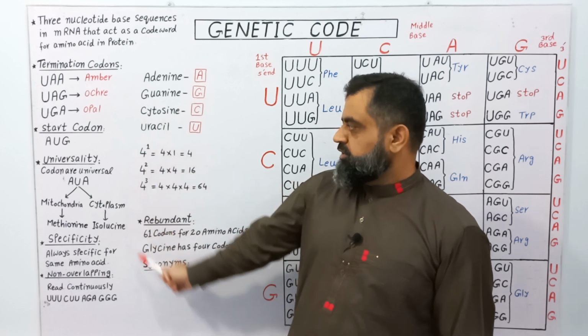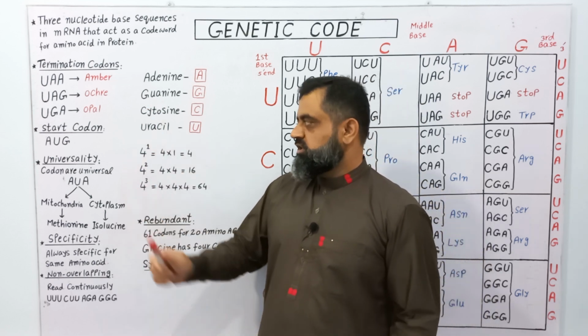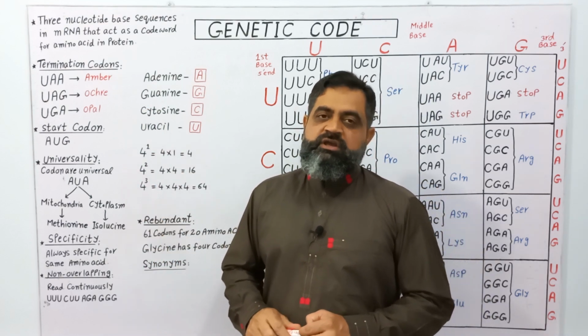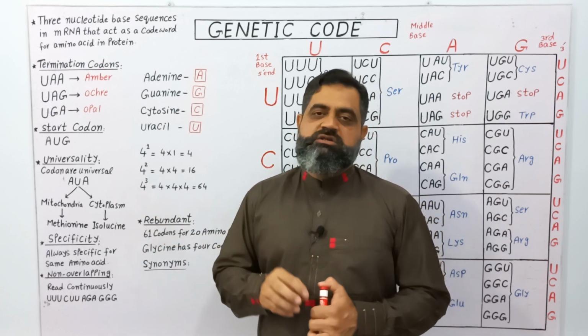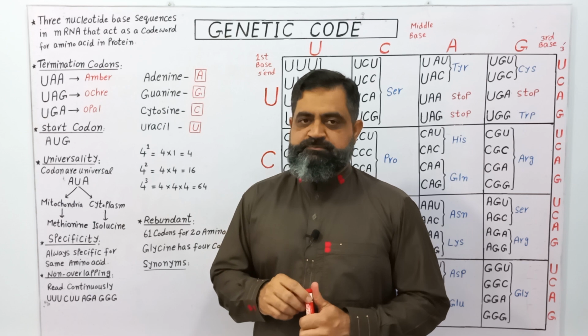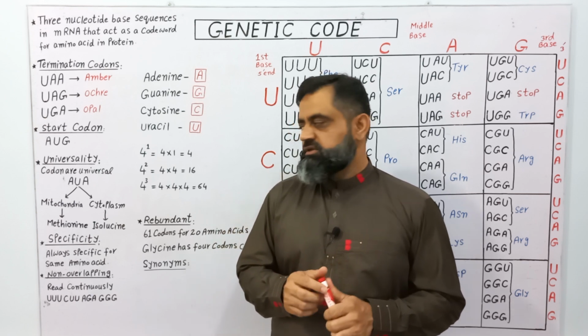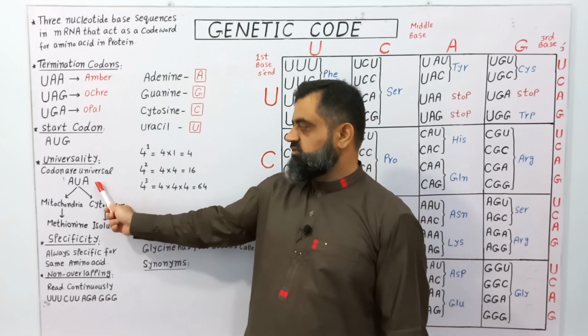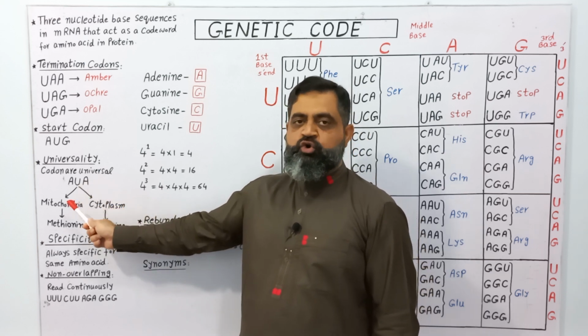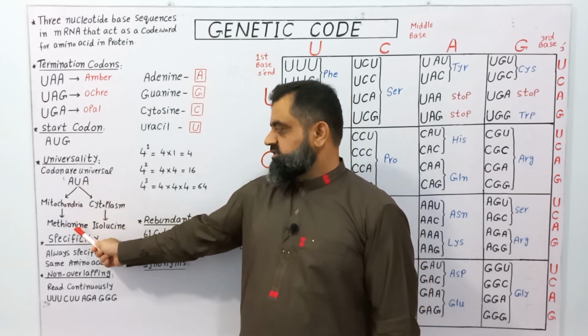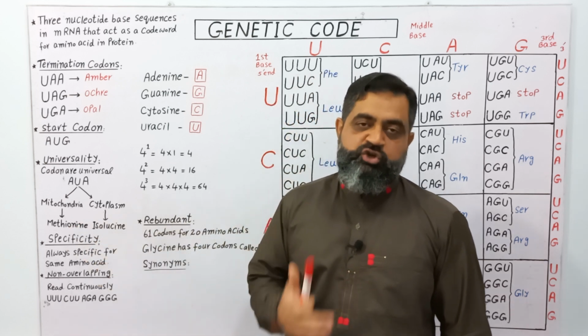If we look at the properties of genetic codons, genetic codes are universal. All codons are universal in all organisms, animals, humans, and plants. But there are some exceptions. For example, the codon AUA, if present in mitochondria, will represent methionine amino acid.